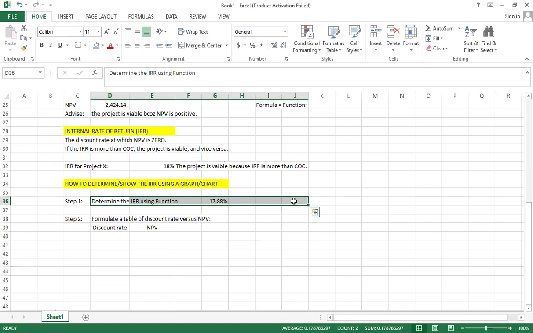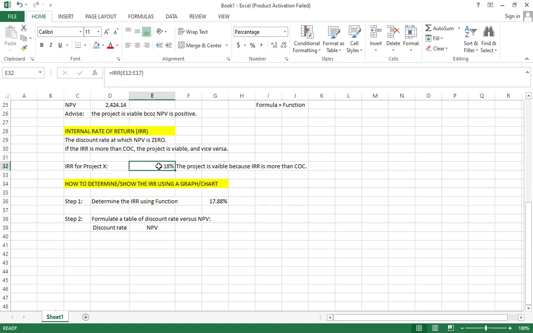We now know that the internal rate of return stands at around 18%. The choice of the range will be arbitrary, but the range you choose must include this 17.88 percent.